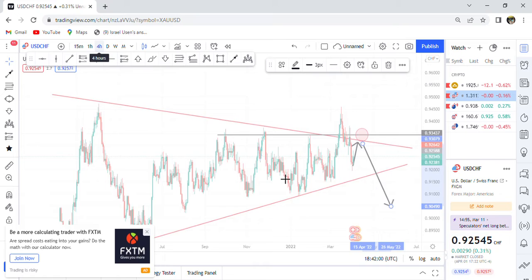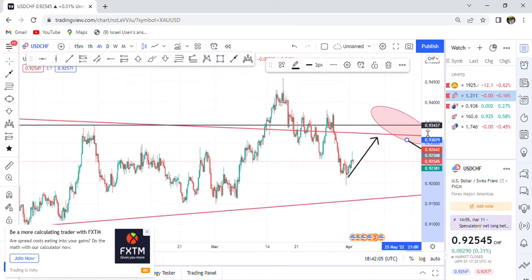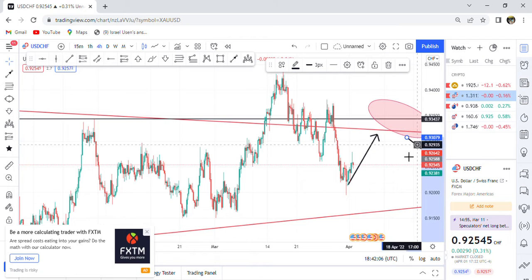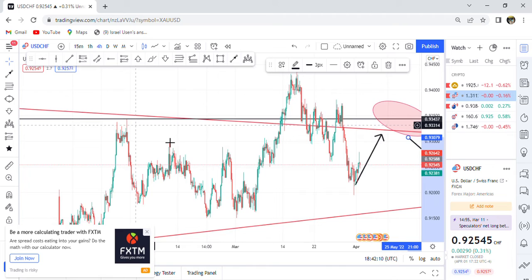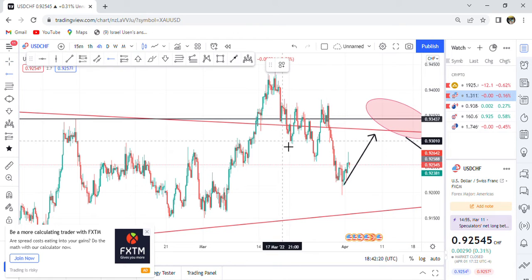The 4-hour gives us the same thing. You can actually see the bullish structure in the 4 hours. So I'm expecting price for that formation. Price has to reach this liquidity zone around this point here, or most likely price will be rejecting from around here.